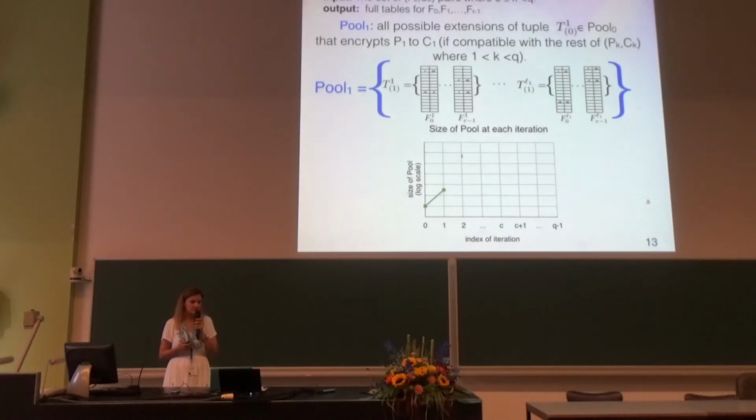This choice of P1, C1 is also arbitrary. You can pick any plaintext-ciphertext pair, which should not be equal to the previous one. When I'm extending, along the way I will also check if there is any compatibility issue with the rest of the plaintext-ciphertext pairs that I haven't encrypted yet.